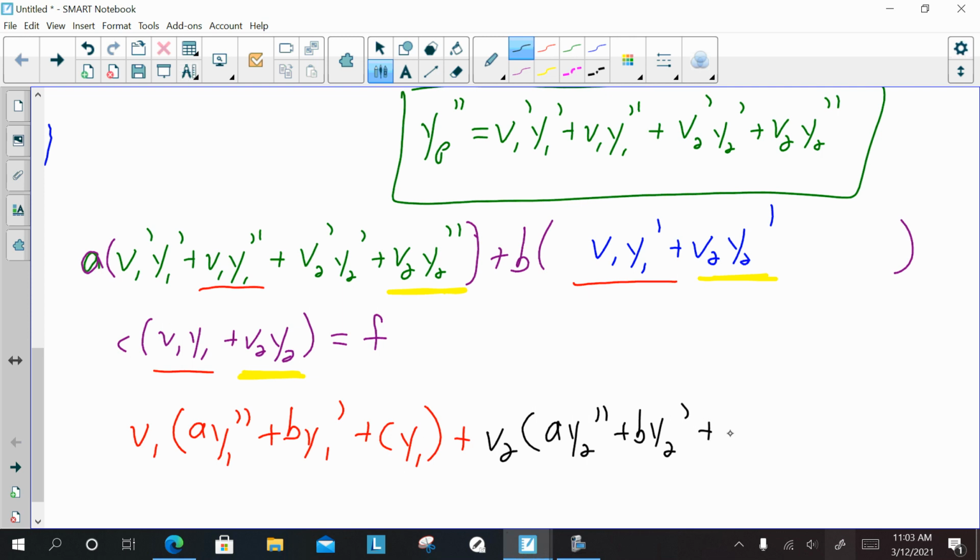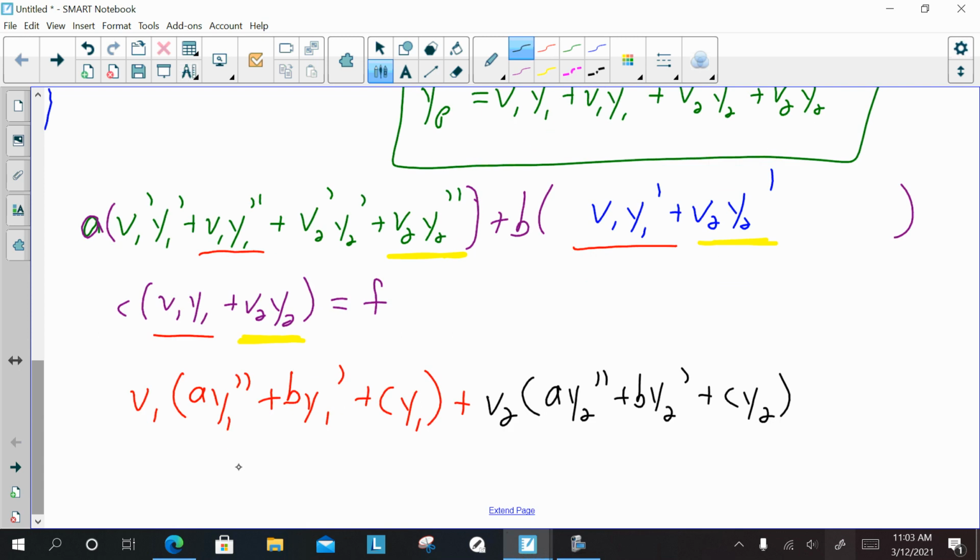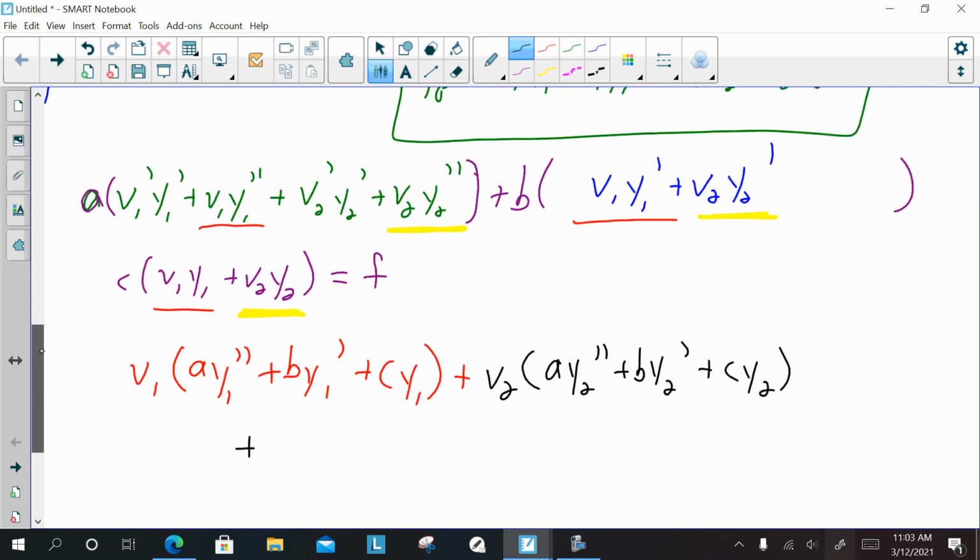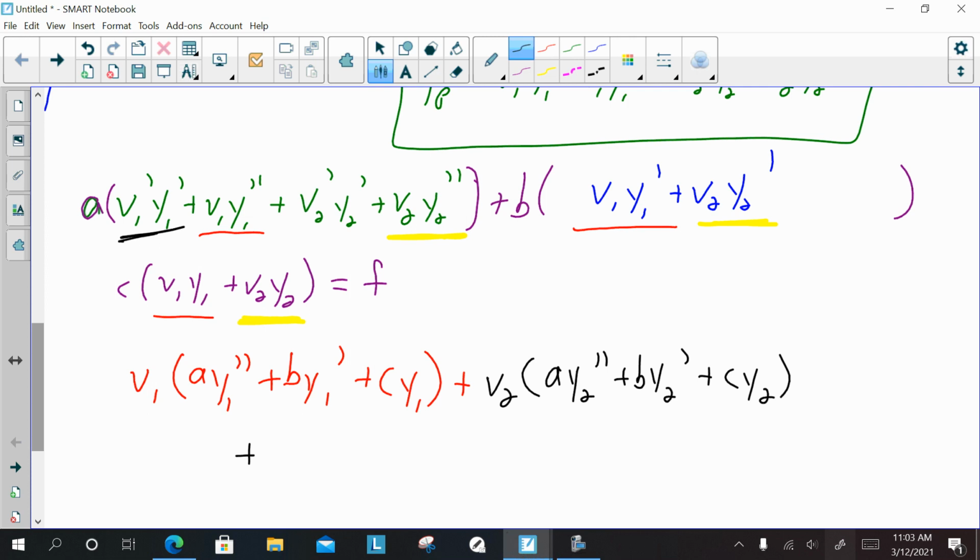And then here, C Y2. And then that leaves us with this term and that term. So A times V1 prime Y1 prime plus V2 prime Y2 prime equals 0.